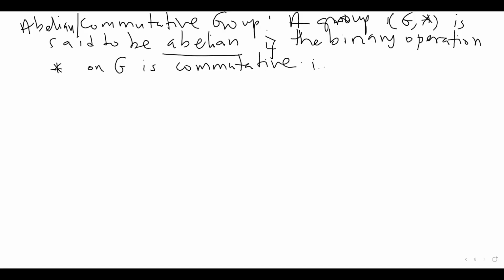So that is, by commutative, we mean that if we have X star Y, then we should get Y star X for all X and Y in G. That is what we mean by an abelian group. So an abelian group is a group that is as well commutative.